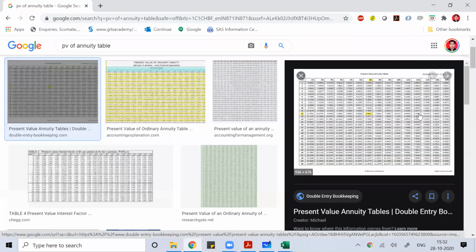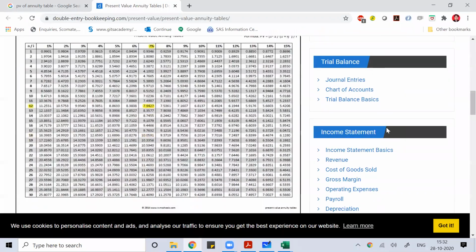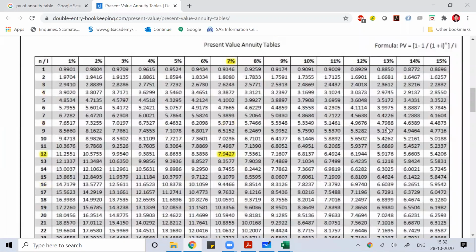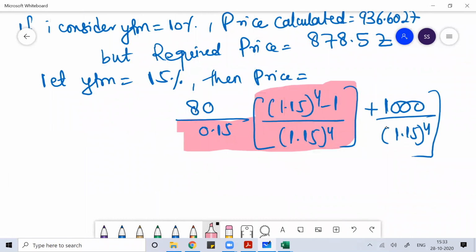So this is the present value of annuity table. You can see I can give you this table in the exam. This calculation is nothing but the present value of annuity calculation.